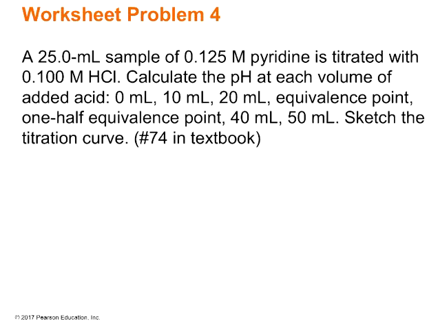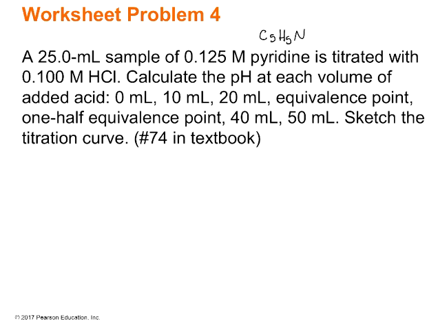Okay, so now let's go over a practice problem. In this problem, we have a 25 milliliter sample of 0.125 molar pyridine, and this is titrated with 0.1 molar hydrochloric acid. Pyridine is C5H5N.